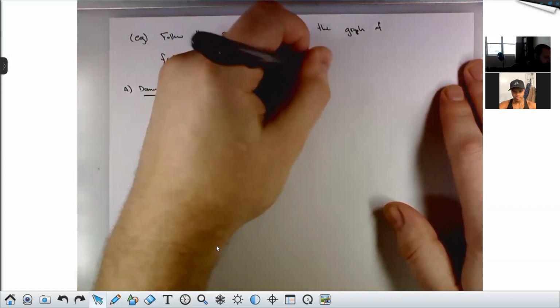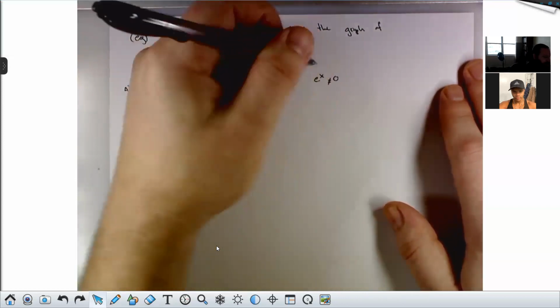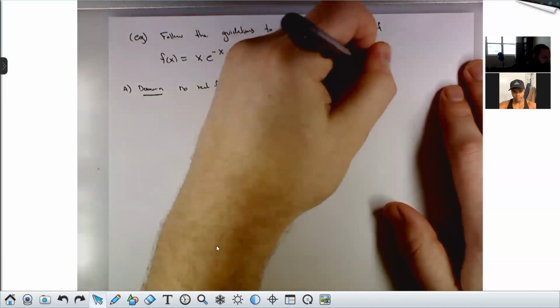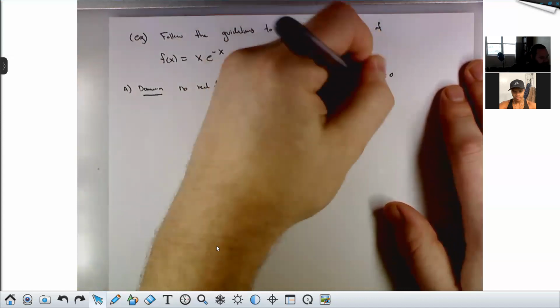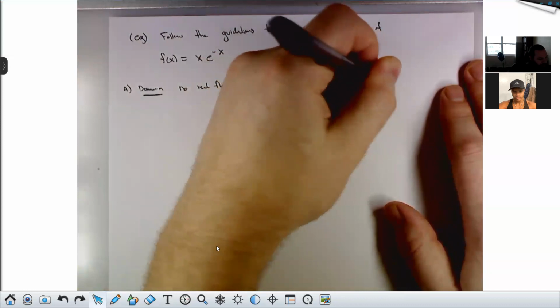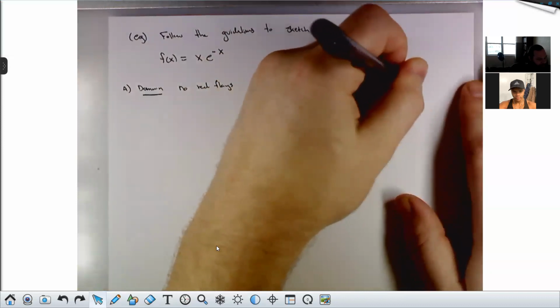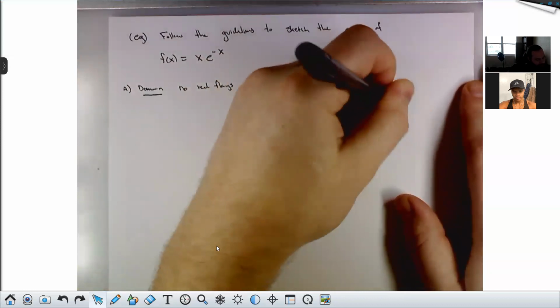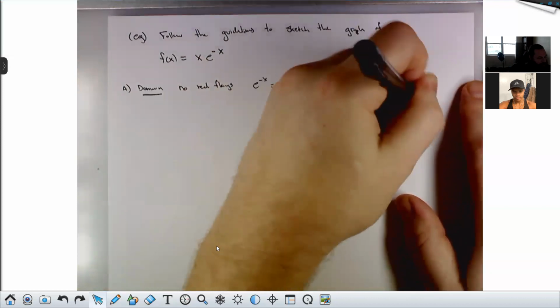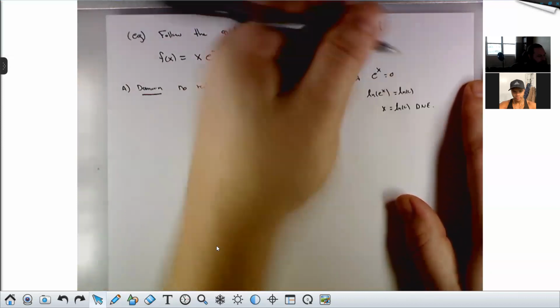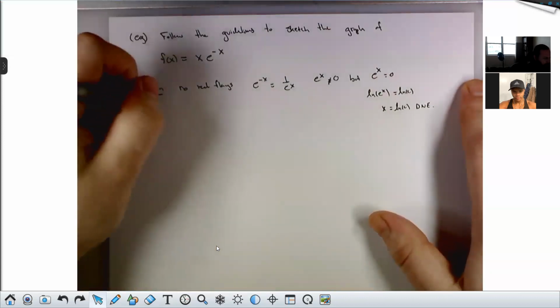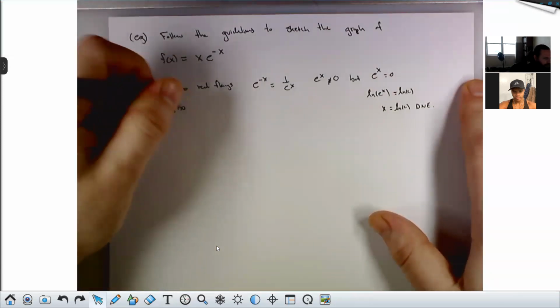So we need to make sure e to the x is non-zero. But if e to the x is equal to 0, then you take the natural log on both sides, and you would get x equals the ln of 0, which does not exist. So yeah, no domain issues. Our domain is negative infinity to infinity.